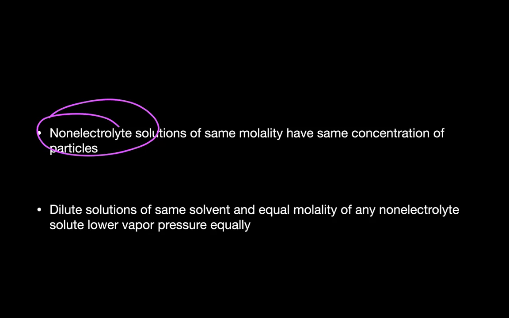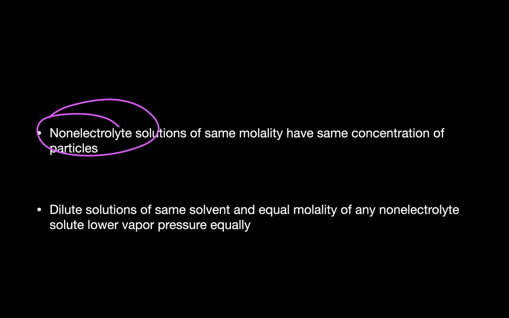Now, this is a really important part. Remember last week when I told you about being able to identify ionic compounds and how they dissociate, and identifying how many ions would be present? This is going to come into play now. That's why we say non-electrolyte solutions of the same molality have the same concentration of particles.